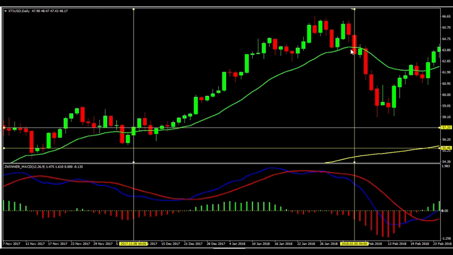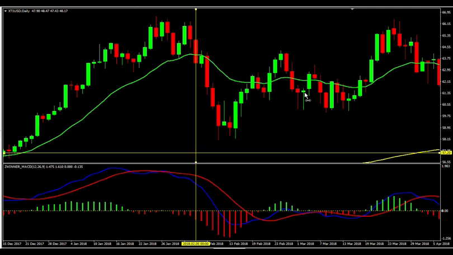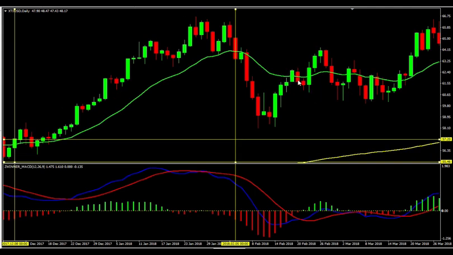And then you go again. Now it has started giving you a sell signal, but still the 20 period and the 200 period moving averages are up, so we're not going to go short. We will stay long, and then we see another crossover.